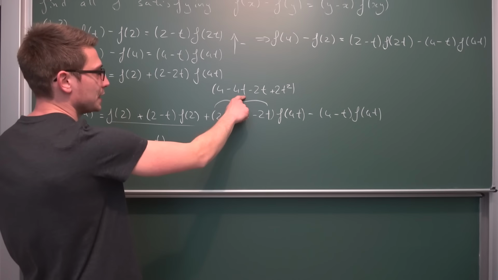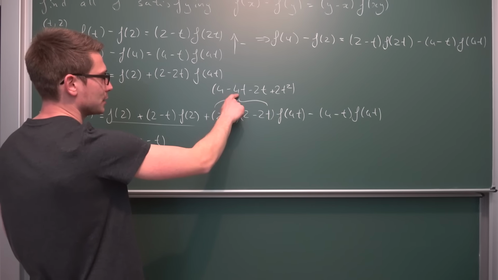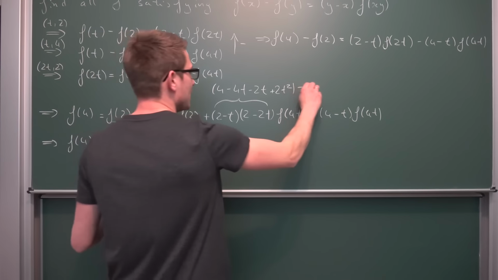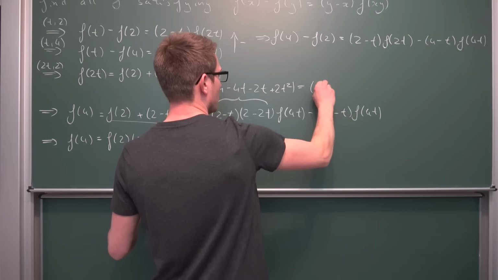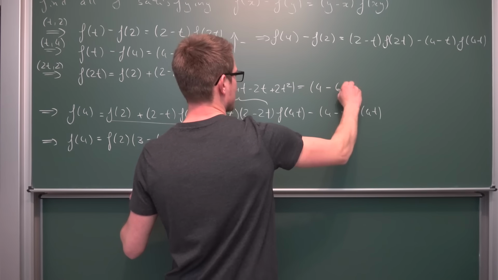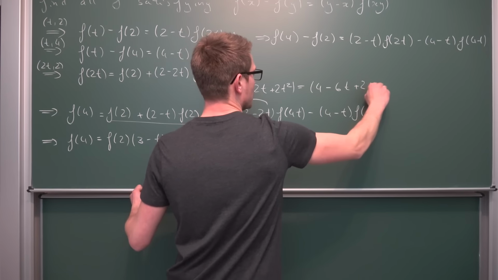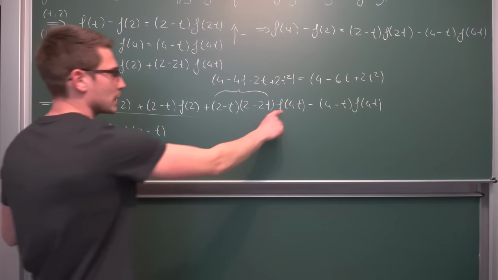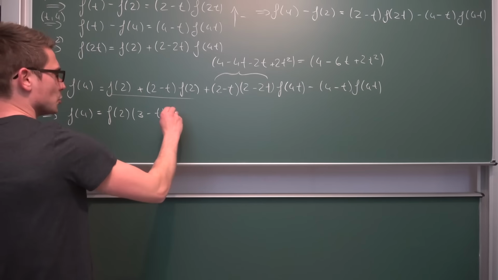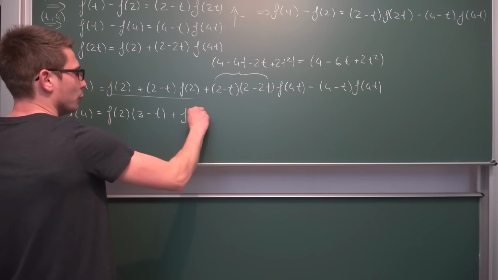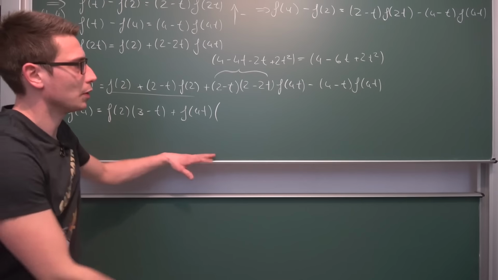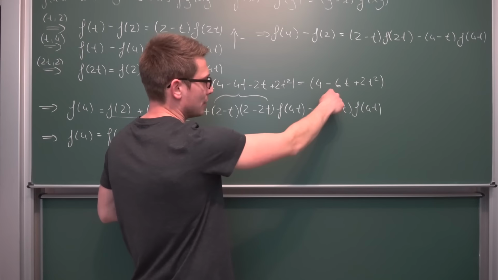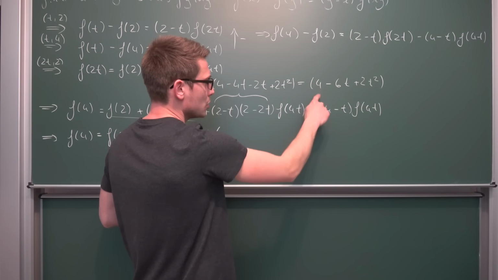Meaning overall here, negative 4t minus 2t is going to give us 4 minus 6t plus 2t squared. Thus far that's good. Meaning what we can now do is factor out the f of 4t, so plus f of 4t times. And now if we were to bring those two together, we are going to get 4 minus 4.